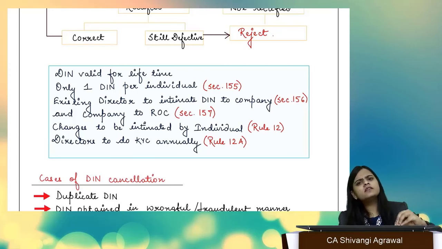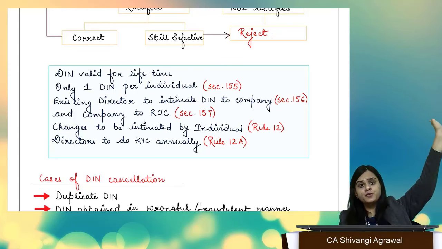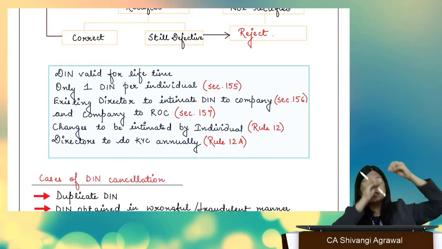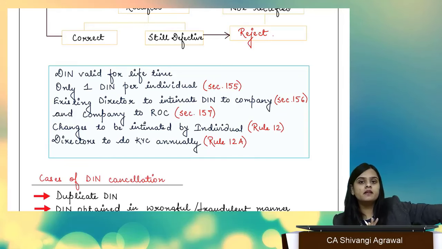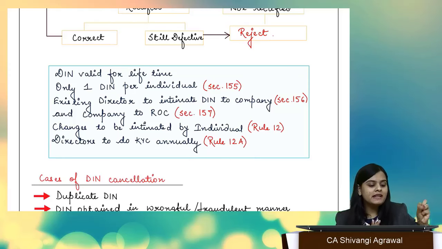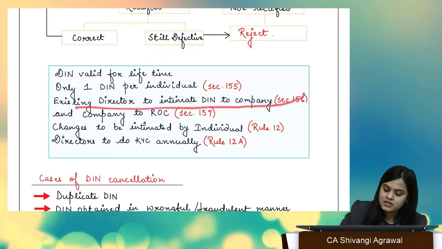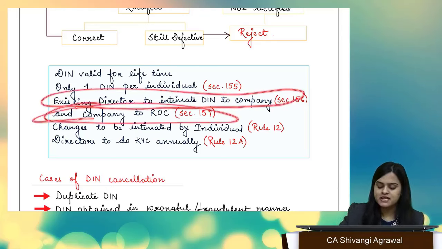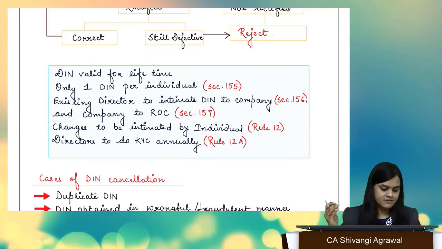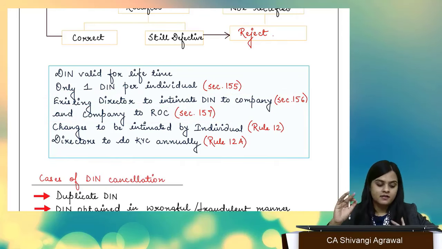But for the directors who were already directors before the concept of DIN came, they have been given a time limit of 1 month from the receipt of DIN to inform the companies, and the company in turn will inform the ROC. So the existing director has to intimate DIN to the company and the company to the ROC. That is sections 156 and 157. Okay, this is clear.